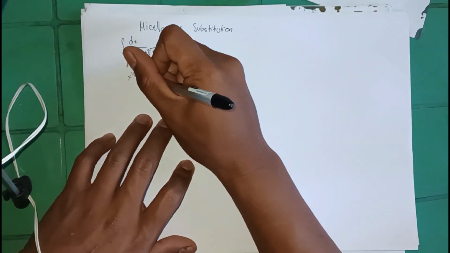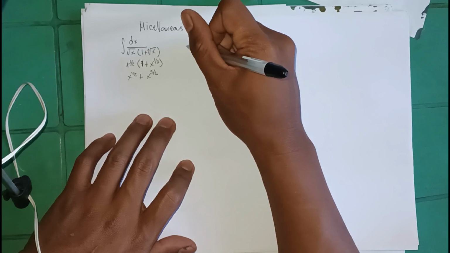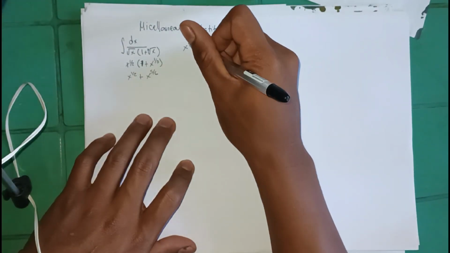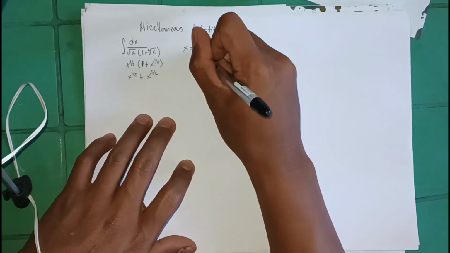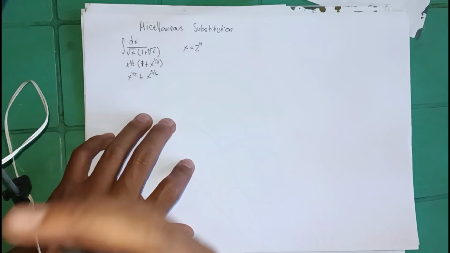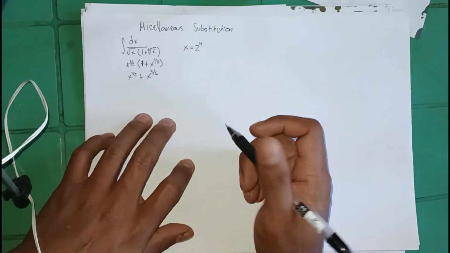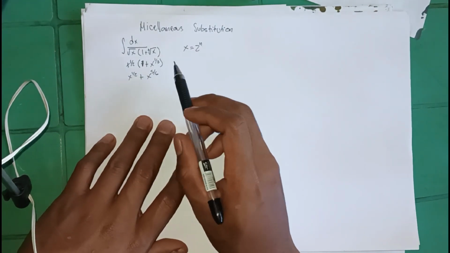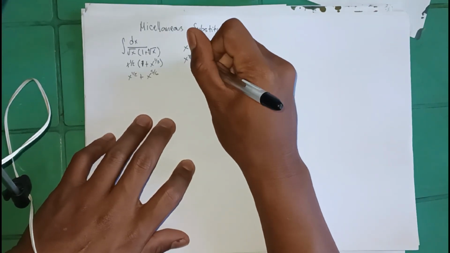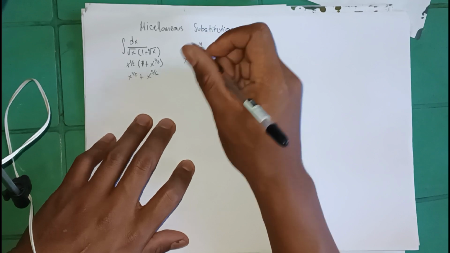So let's have this rule that x is equal to z to the n, in which n is the least common denominator of these two exponential fractions. So x is equal to z to the 12.